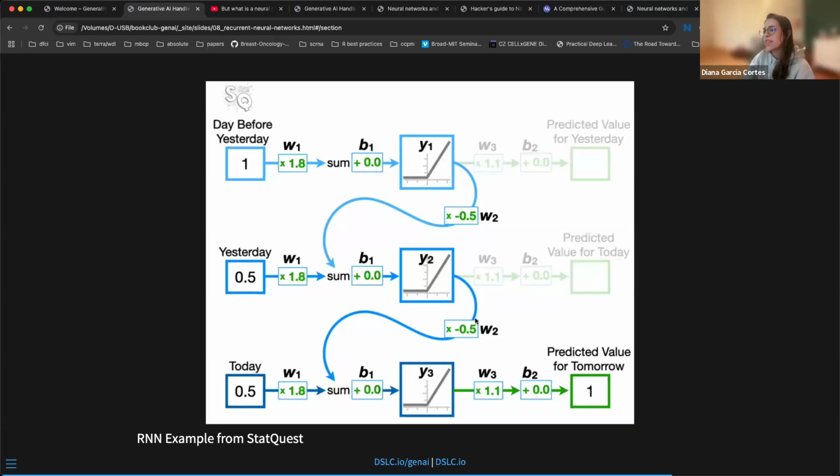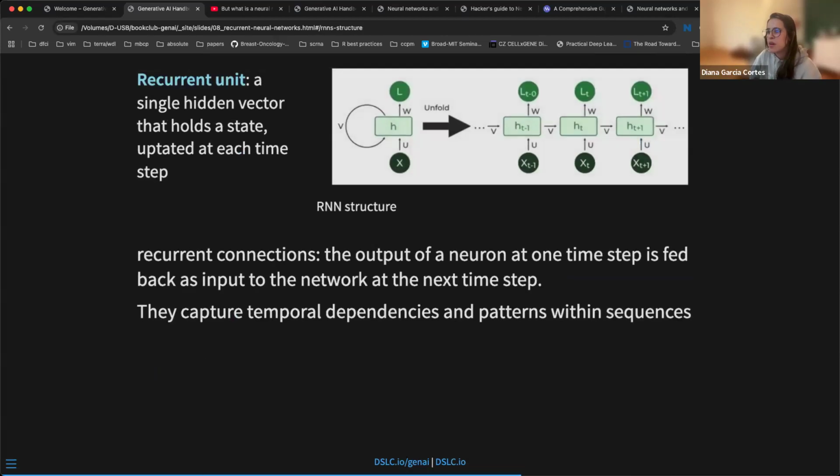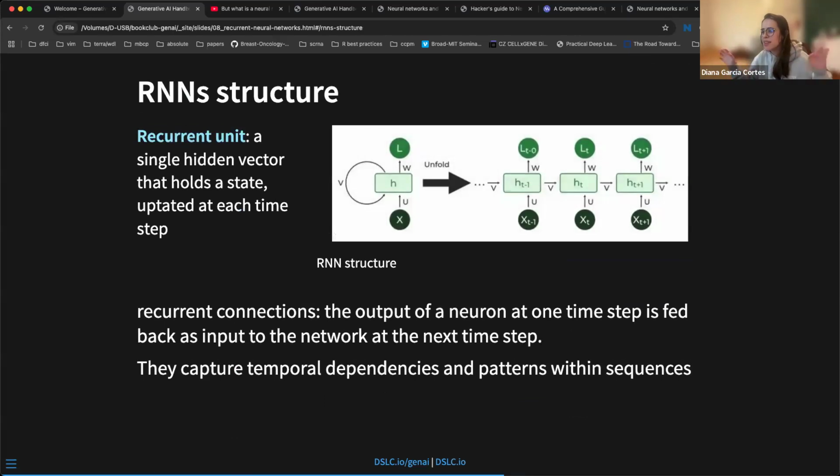What we actually want to predict is the output for tomorrow. But those neurons will be connected through this hidden vector that is going to hold a different weight for each of these links. So they talk about unfolding the net.